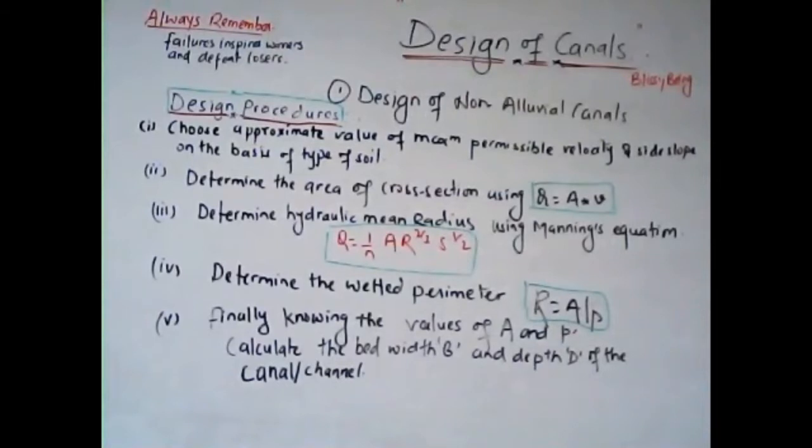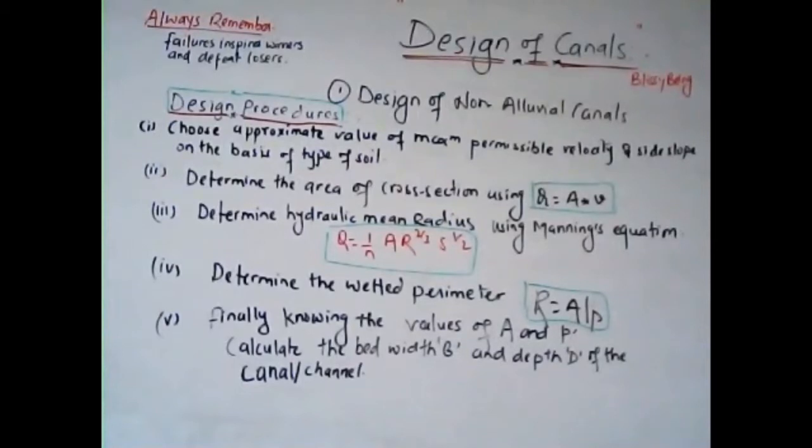First of all, you need to assess the type of soil that is available for the canal construction in the non-alluvial channels, and on the basis of that you need to select the maximum permissible velocity. You need to select a velocity that could not erode the canal material, so that should be the safe maximum permissible velocity.